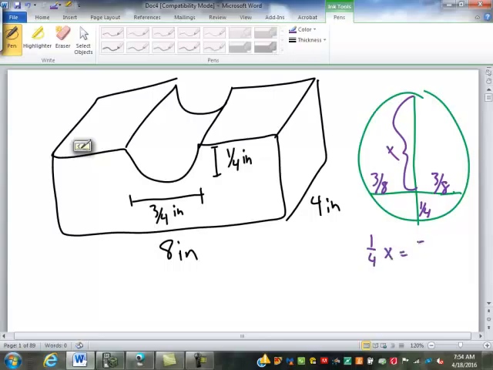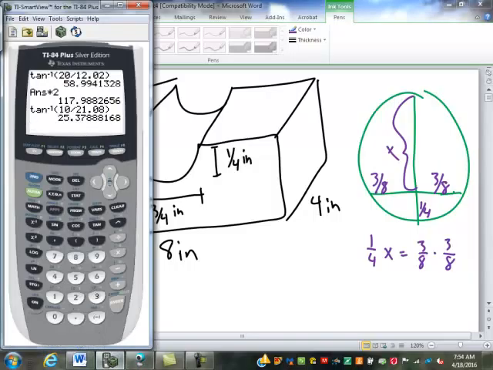1/4 times x equals 3/8 times 3/8. So 3/8 times 3/8 divided by 1/4, which will be 0.5625, otherwise known as 9/16.